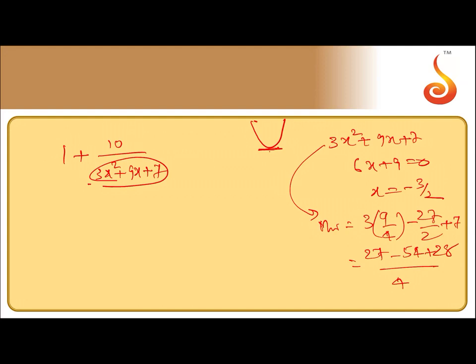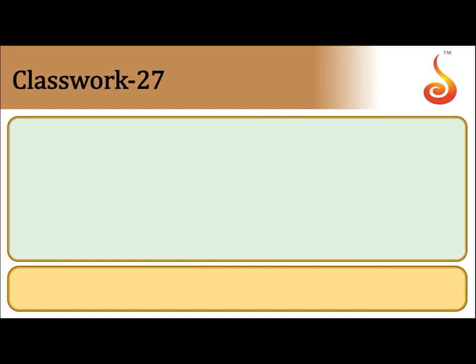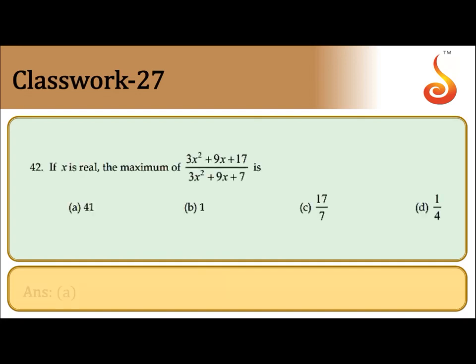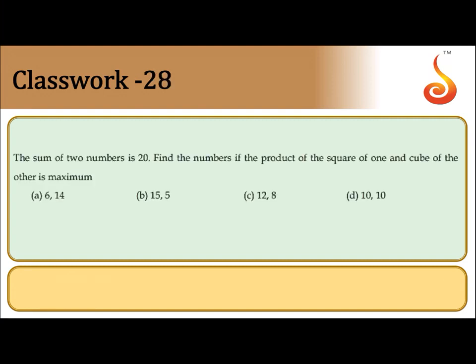I hope we'll be getting 1 by 4. Therefore the minimum value of the denominator is 1 by 4, and 1 plus 10 divided by 1 by 4 becomes the maximum, so 1 plus 40, it is 41. So the answer is 41, the maximum value of the function.